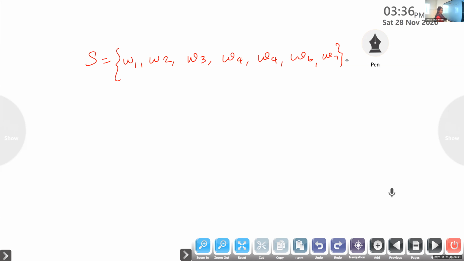So this is a sample space having 7 elements. The probabilities are 0.1, 0.01, 0.05, 0.03, 0.01, 0.2, 0.6.